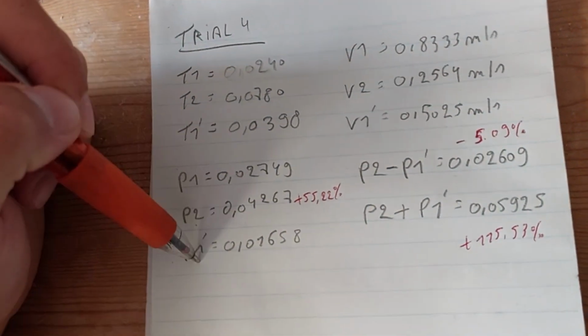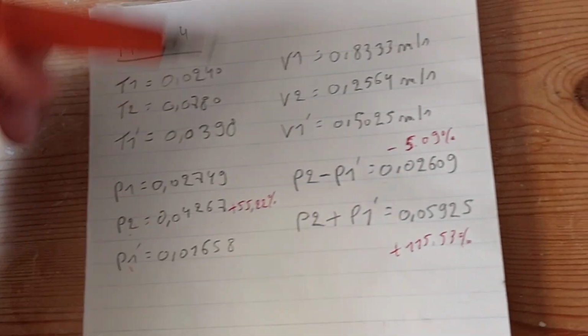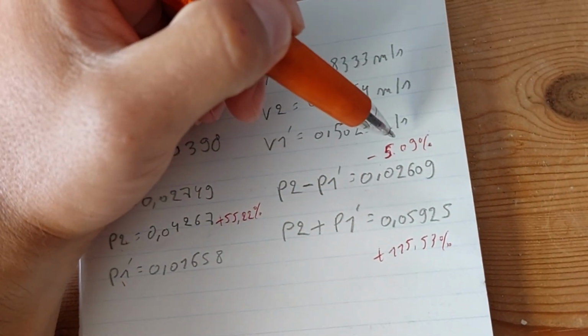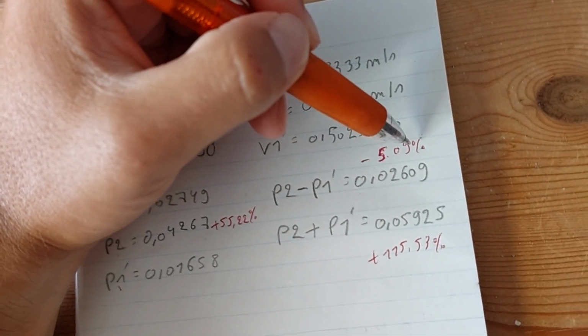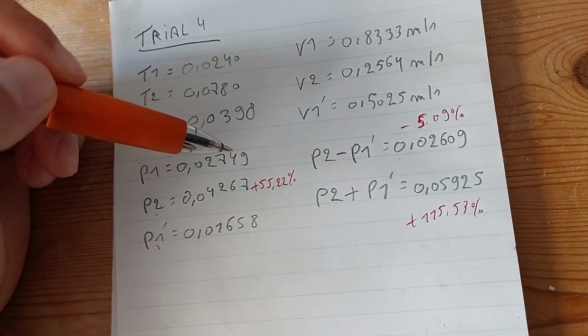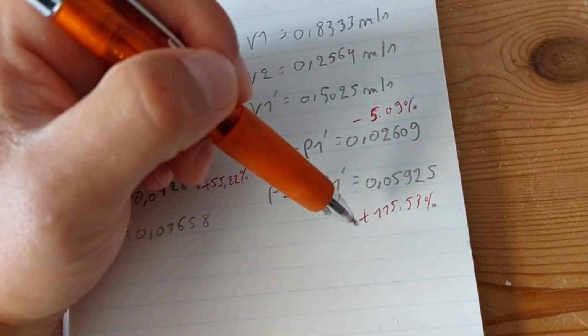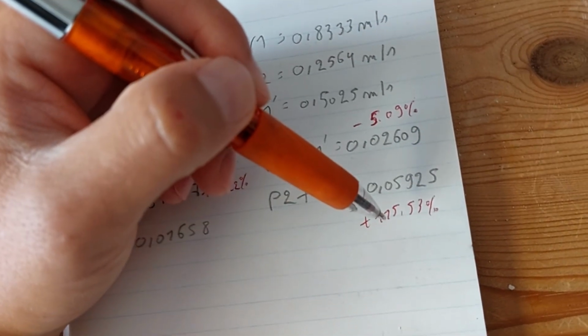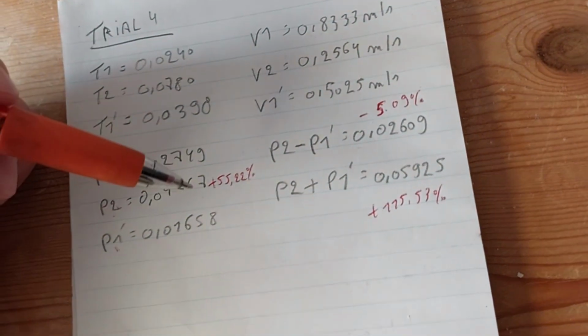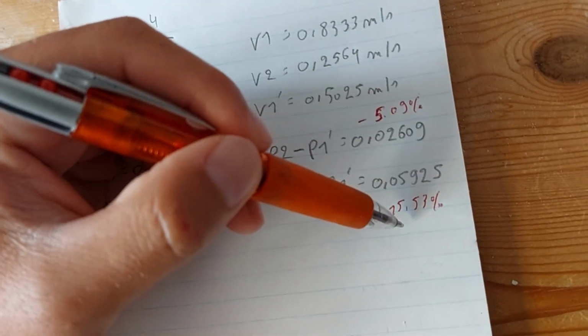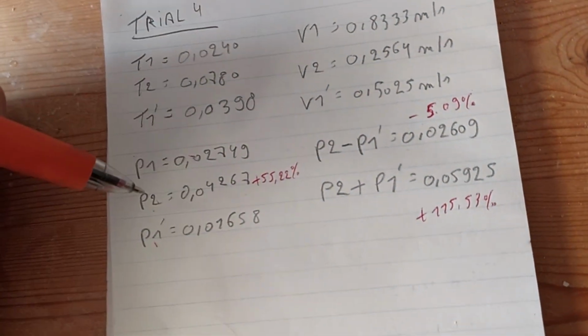So when we subtract these two, we have lost 5.09% of momentum. On the other hand, according to draft science, when you add them together, we have an increase of 115.53% of momentum. 115% more momentum than the initial amount.